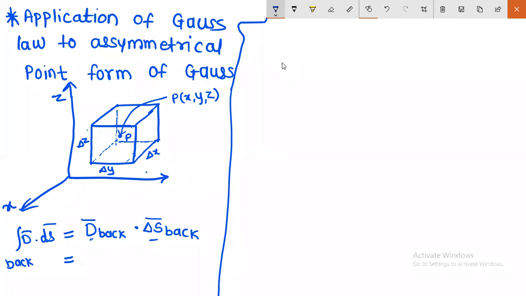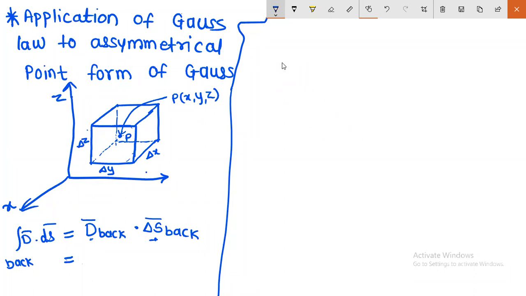Actually for D bar, when we are considering the surface, that time we have to consider minus a bar x because we are going towards that surface. When we are considering this electric flux density, that density is entering from the backside.